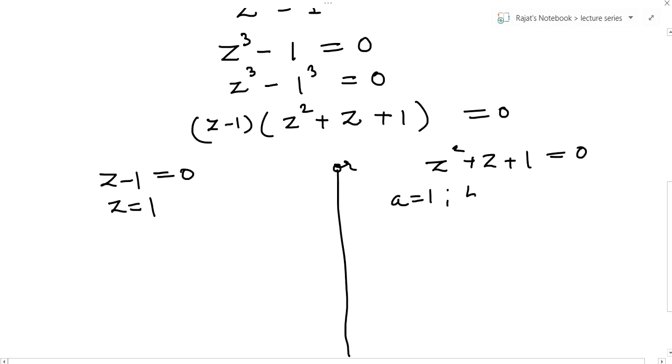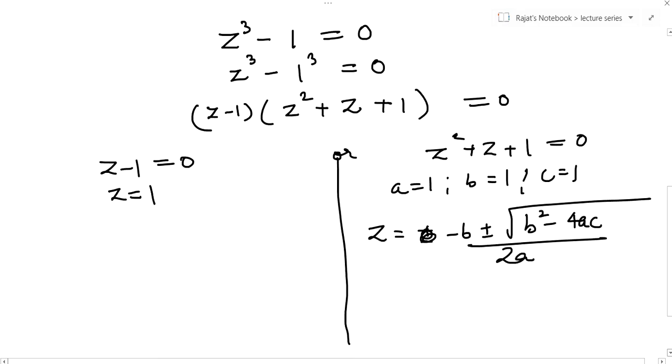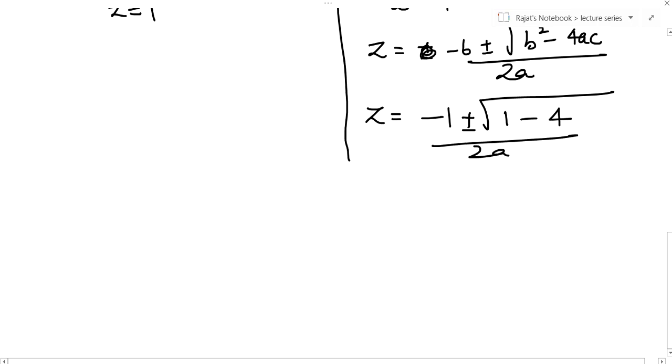And this is a simple quadratic equation. The coefficients are a is equal to 1, b is equal to 1 and c is equal to 1. So the roots will be minus b plus minus root of b square minus 4ac upon 2a. So z is equal to minus 1 plus minus root of 1 minus 4 upon 2.